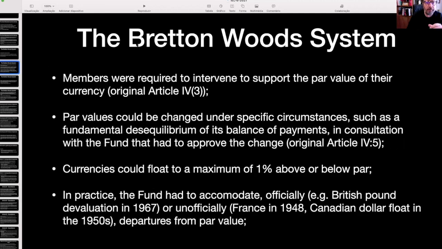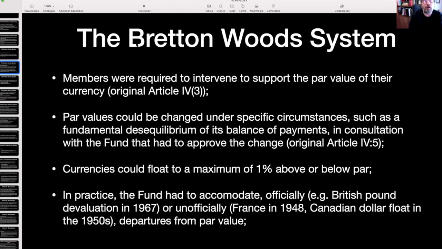Okay, now in this system, members were required to set a par value, that is a fixed value between their currency and the US dollar, and through that with gold. So that's the central rate or the par value of a currency.